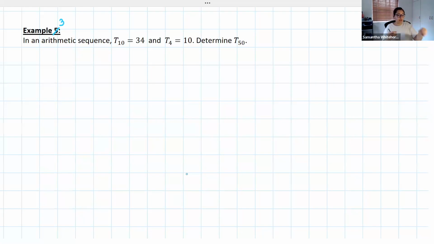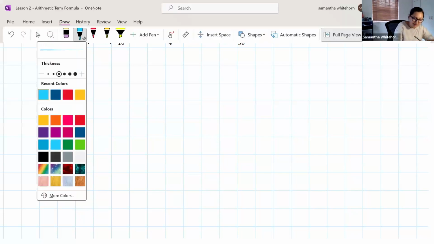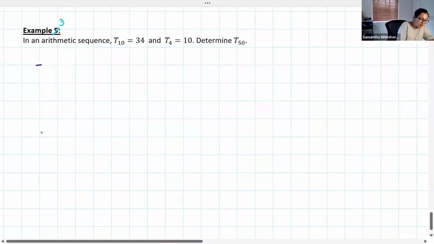We know that because it's arithmetic, we have a constant difference. One of the ways to approach this question is to use that fact. This is why I keep saying, know what defines your pattern, because that is useful to you. I have no idea what term 1, 2 or 3 is, but I know that term 4 is 10.